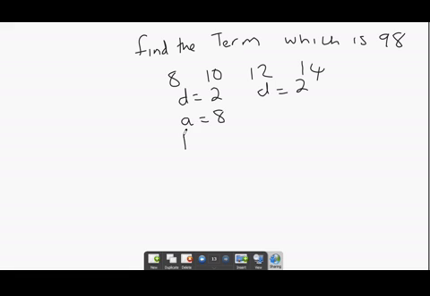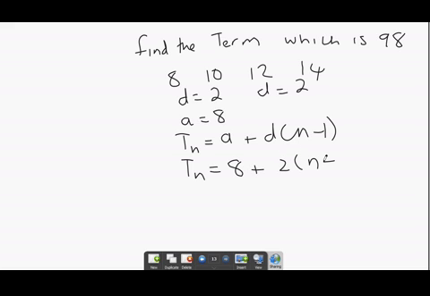So our general term is going to be Tn is equal to, remember our formula is A plus D bracket n minus 1. If you look in the formula sheet, you should get the formula. So in this case, our general formula is going to be Tn is equal to 8 plus 2, n minus 1.